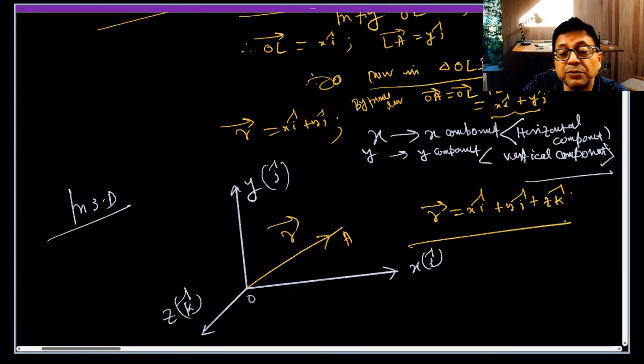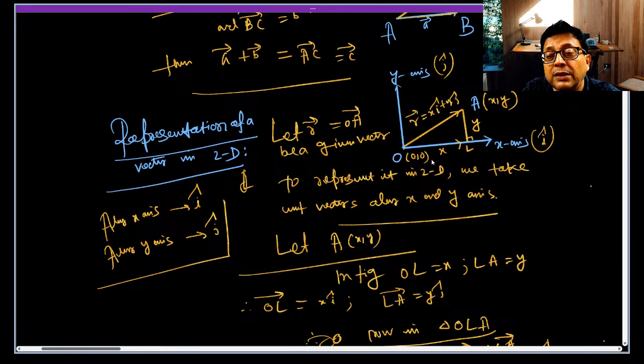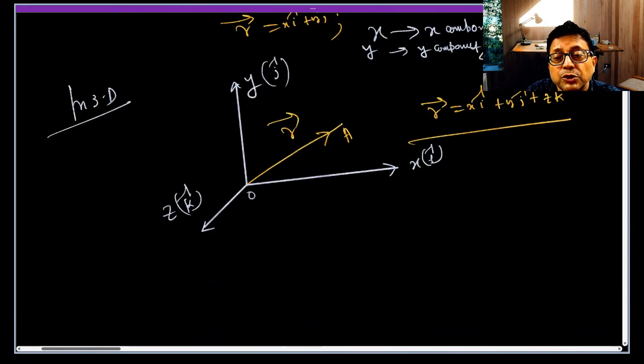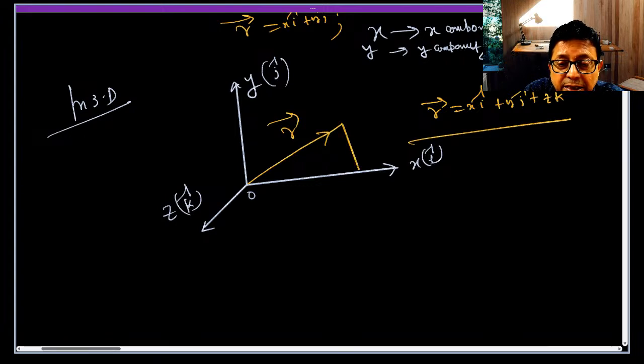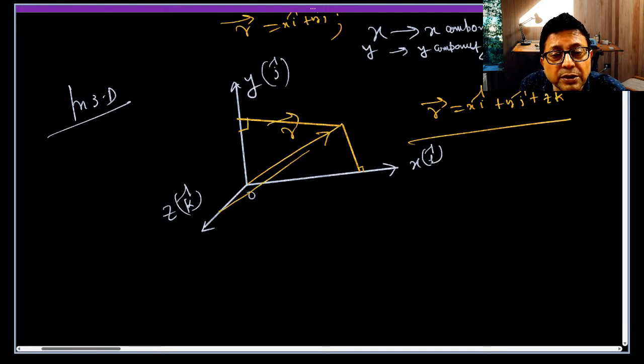From the previous one, if you have drawn a perpendicular along the x-axis, x, along the y-axis, y. So if you draw a perpendicular here, this is a three-dimensional view. The perpendicular may be like this. Here the perpendicular is like this. And here also a perpendicular can be drawn on the z-axis.